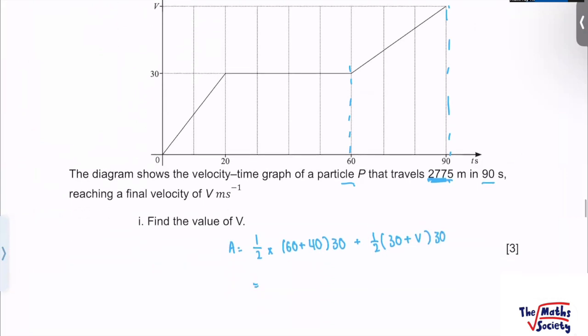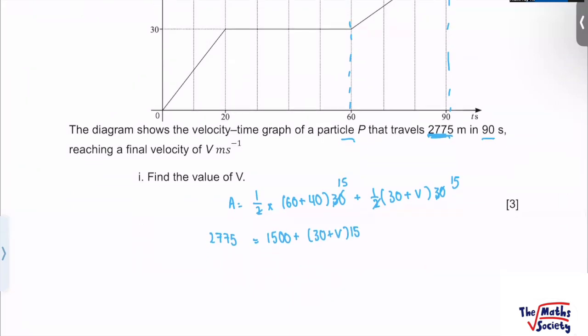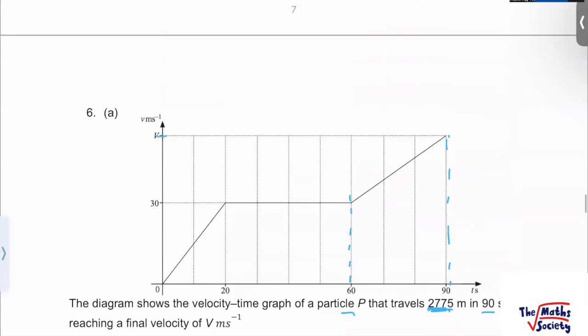So that's going to give you 1500 plus 15 times 30 plus v, and that's going to have to equal 2775. So you divide by 15, you'll get 85 equals 30 plus v. v is just going to equal 55 meters per second. So here it's just going to be 55.